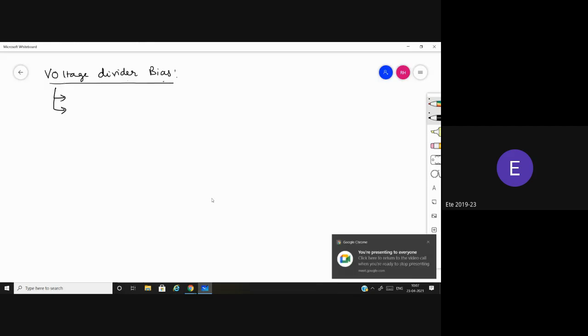There we were just applying KVL to the input circuit and KVL to the output circuit, and we were getting it. But here in this, we are having two methods. For analysis only, there are two methods.